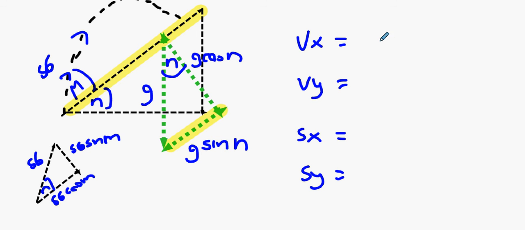Alright, let's go into here now. What do we get for the first one? So u in this case will be 56 cos m minus gt sine n.